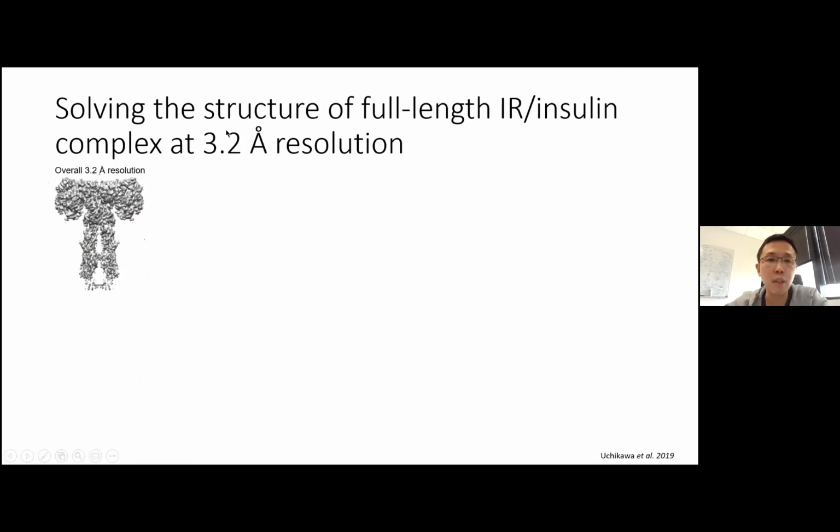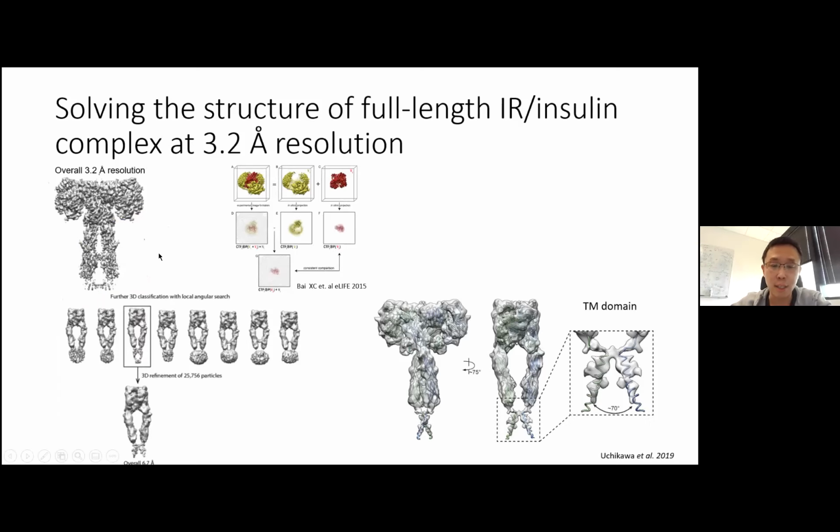But still, we can determine the full-length insulin receptor-insulin complex structure at quite a high resolution, 3.2 angstrom. As I mentioned, the TM and kinase domains were resolved with very poor quality.